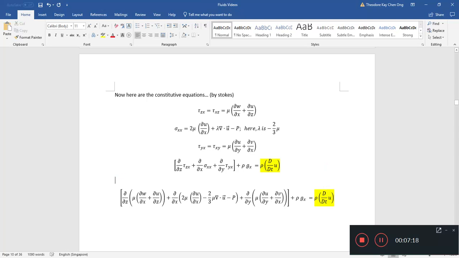Let me try getting rid of the highlight.